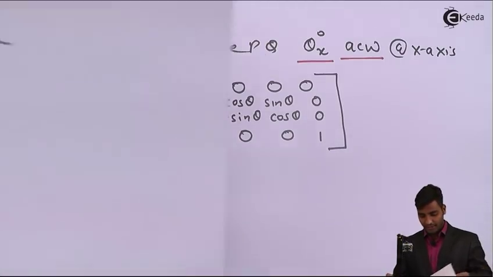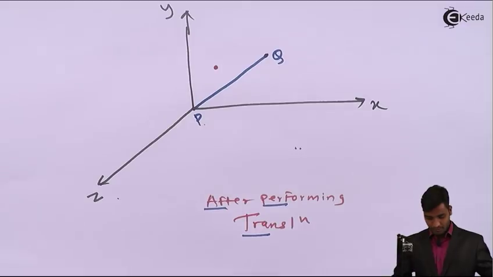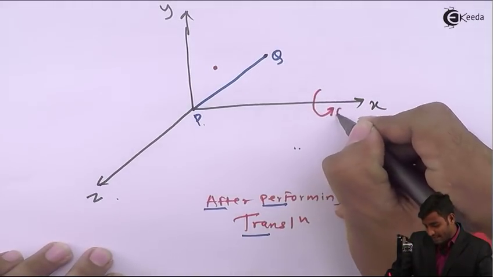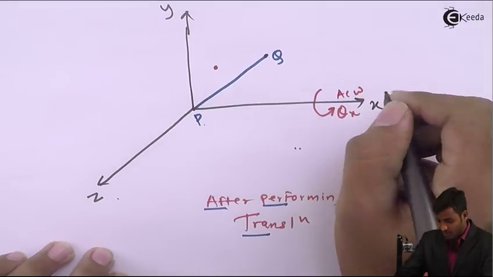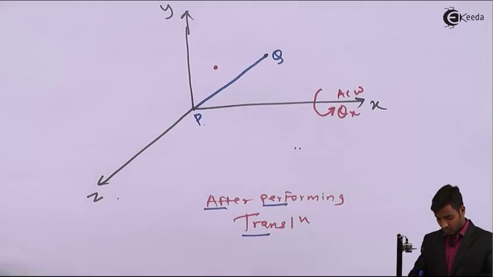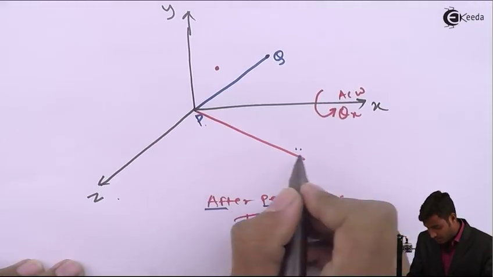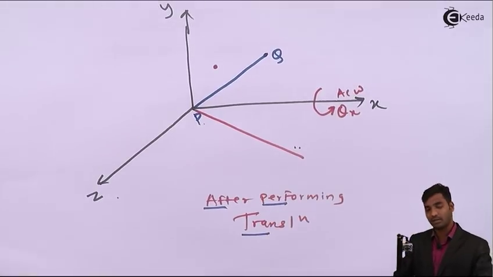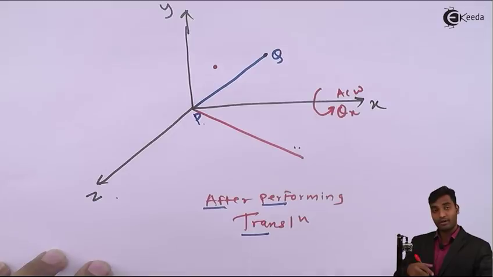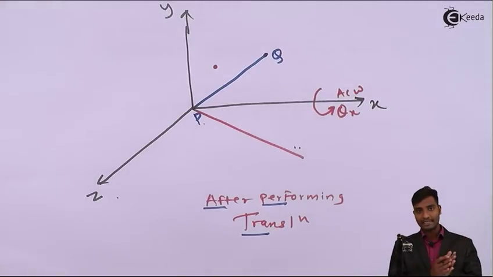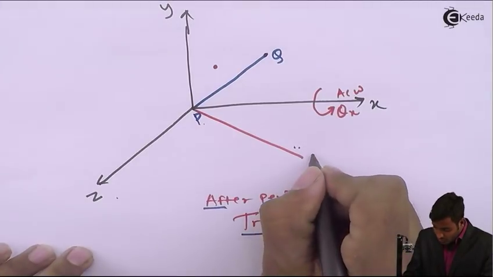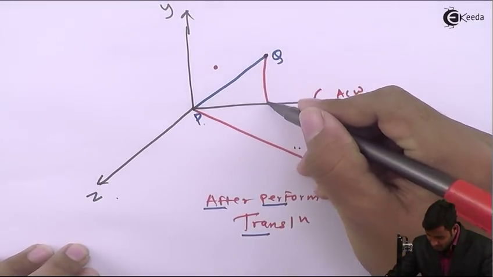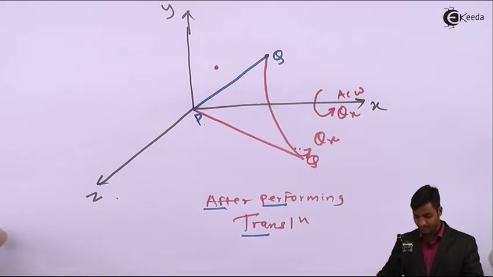I will use this figure only. We were rotating it by theta x degrees anti-clockwise, so now the line segment will come into this plane, the exact plane. That is why we have done the rotation by theta x degrees, to bring the line segment onto the exact plane. So it will come somewhere here, by theta x degrees.